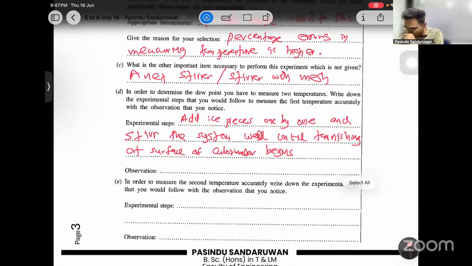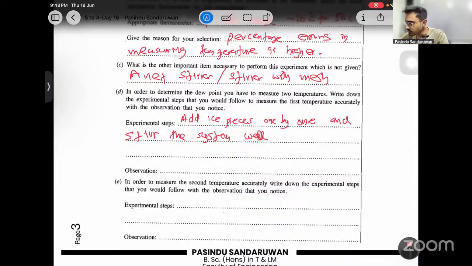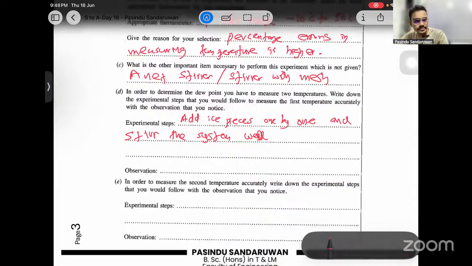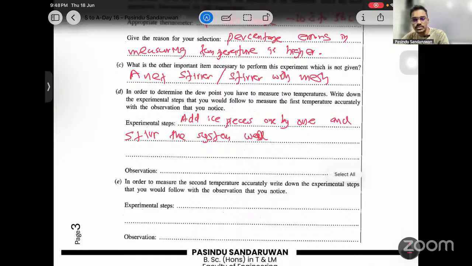Then the steps are adding ice pieces one by one and stirring the system well. The step should be written separately, because the observation is given separately.